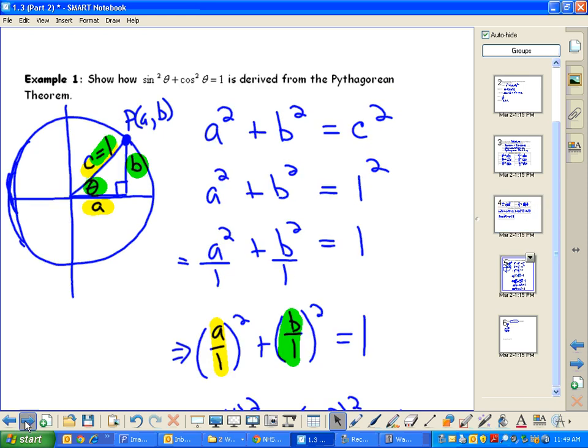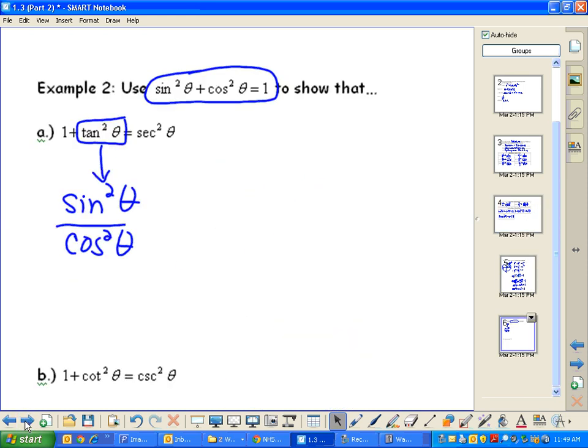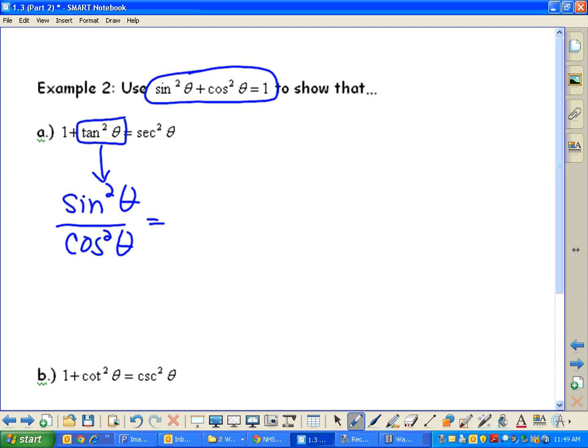So tangent squared theta is sine squared theta over cosine squared theta. I also know, based on what we just did in the previous slide, secant squared theta, that's just the reciprocal identity for cosine, right? So this is the same thing as 1 over cosine squared theta.